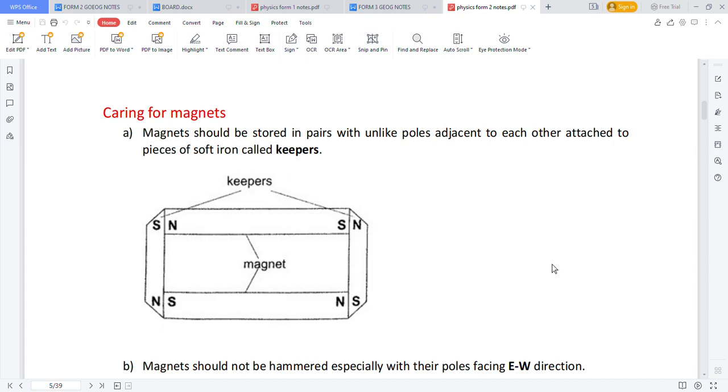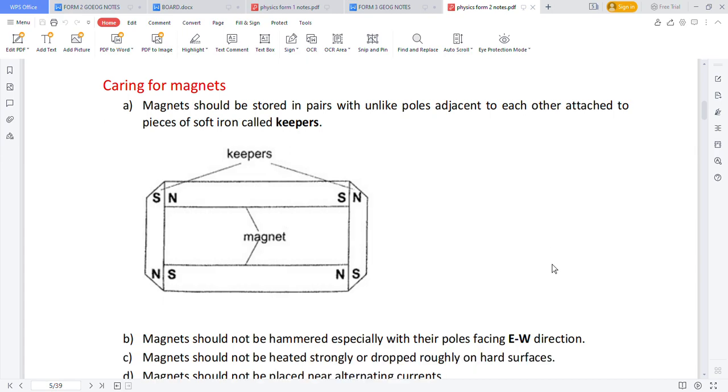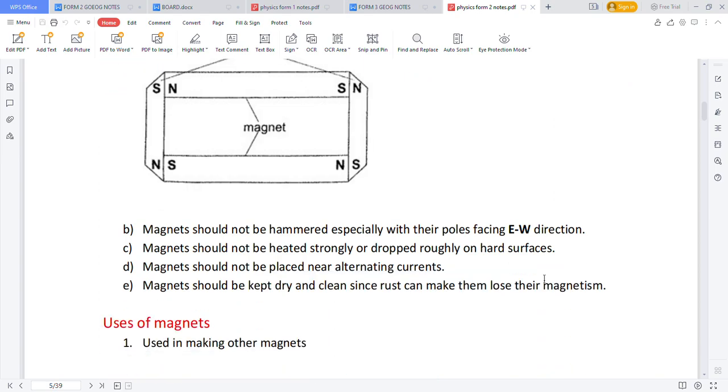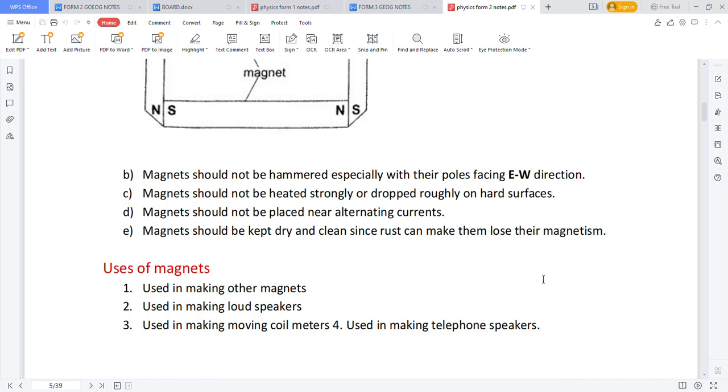Caring for magnets. How do we care for magnets? Magnets should be stored in pairs with unlike poles adjacent to each other, attached to pieces of soft iron called keepers. Magnets should not be hammered, especially with their poles facing east-west direction. Magnets should not be heated strongly or dropped roughly on surfaces.